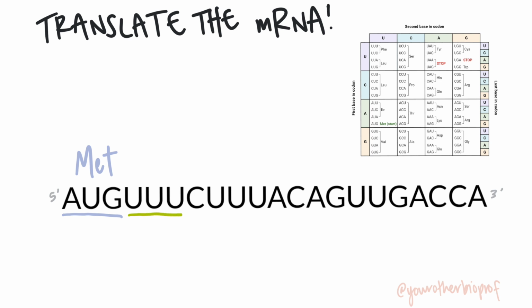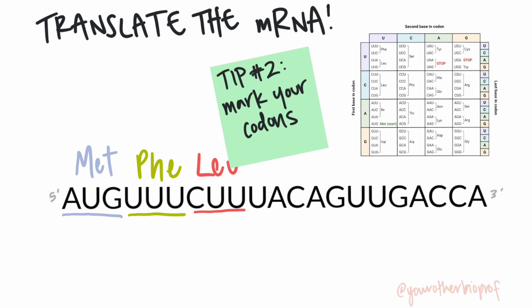The next codon is UUU, and if we go to the chart, you can see that's phenylalanine. Next one, CUU. CUU gives us leucine. And you'll notice that I'm drawing these lines to mark my codons. If you're able to write on your test paper, I would recommend you do the same thing. It just helps you keep track of your codons.